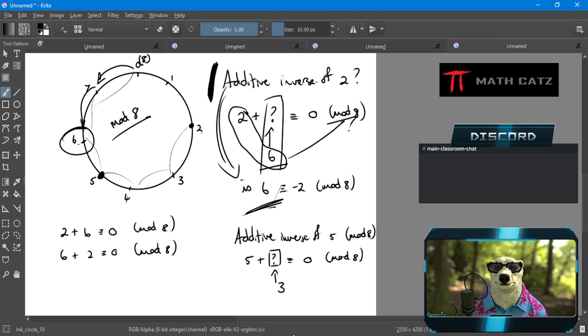Because every 8 steps gets me back to 0. You've taken 5, you need to just take 3 more, and you're at 0. So the number of steps that will cancel where you're at, 5, is 3.